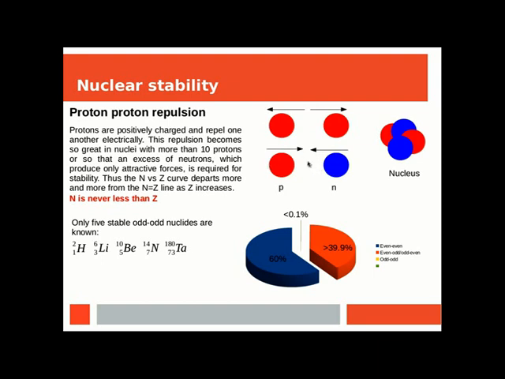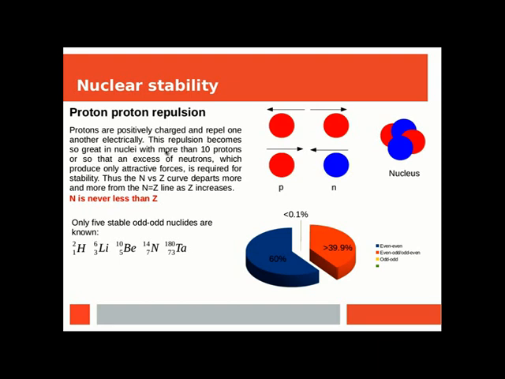So as the atomic number or number of protons increases in case of heavy nuclei, an extra number of neutrons are required to hold the protons together and form a nucleus. This is why, you see, the protons are positively charged and repel one another.